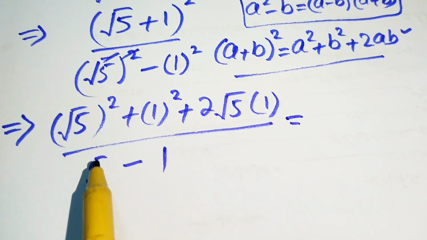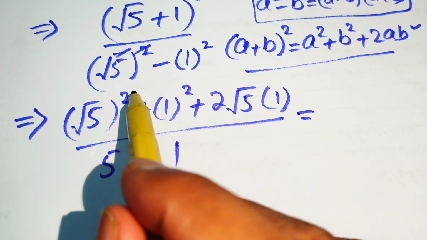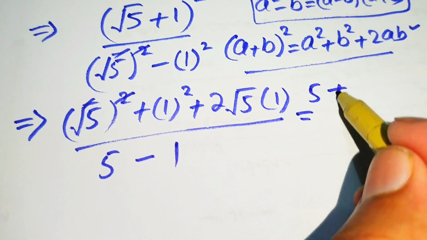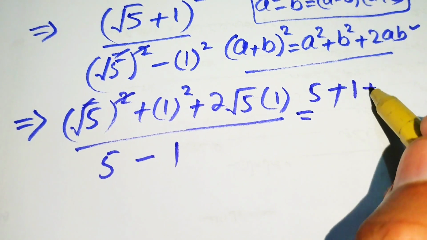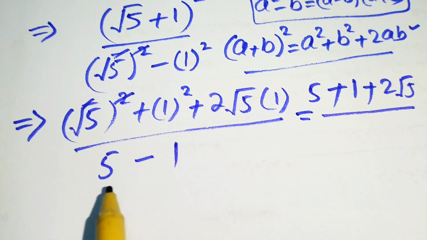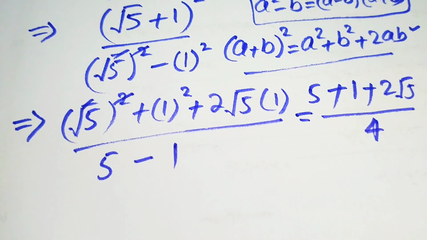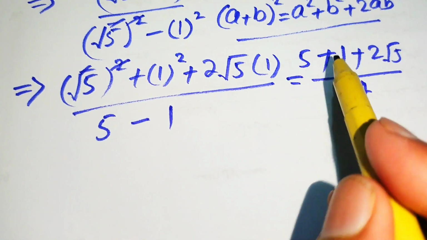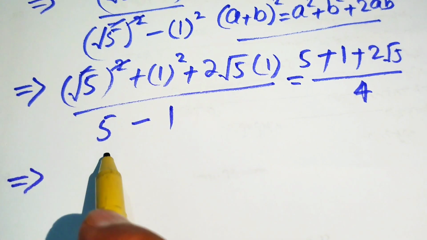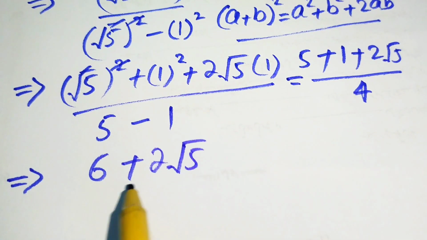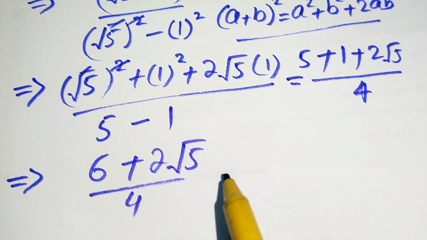Now we need a little bit of simplification. The square and square root are gone, and we get 5 plus the square of 1 is 1, plus 2 times √5, divided by 5 minus 1, which is 4. So 5 plus 1 is 6, plus 2√5, divided by 4.